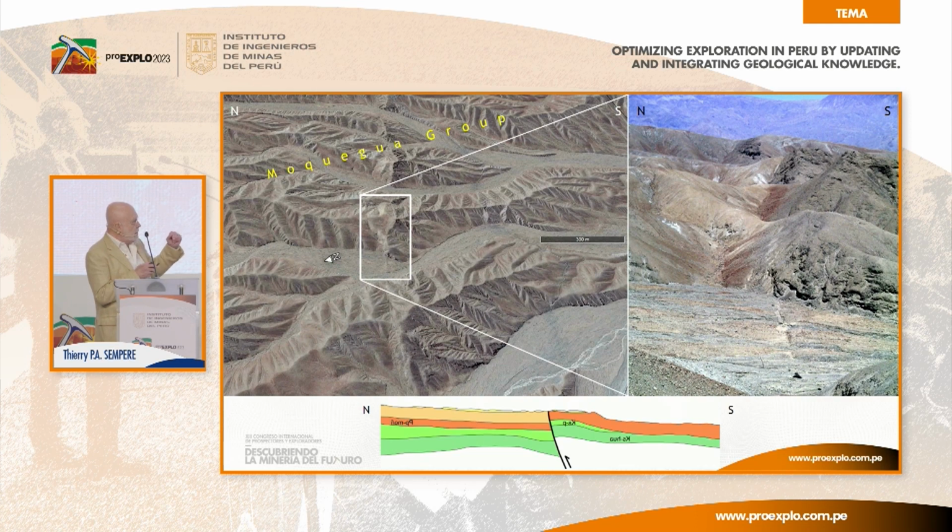Here below, this is taken from a publication, but it doesn't matter. I have reoriented this. It is mapped as a reverse fault, but when we take a look at the fault in Google Earth and in the field, we see that the fault dips north to the left, and this is a normal fault, not a reverse one.